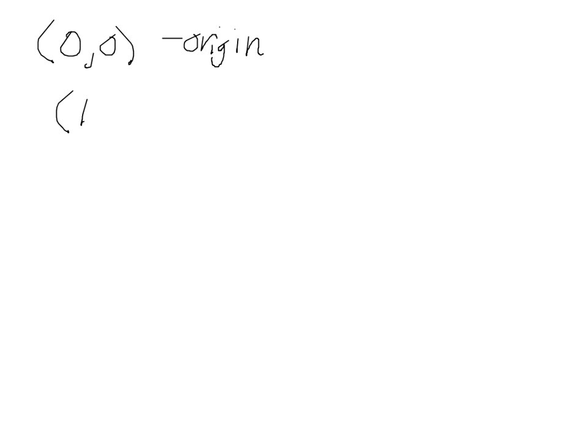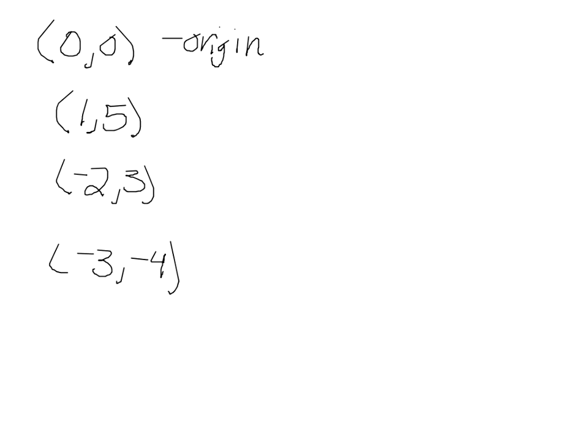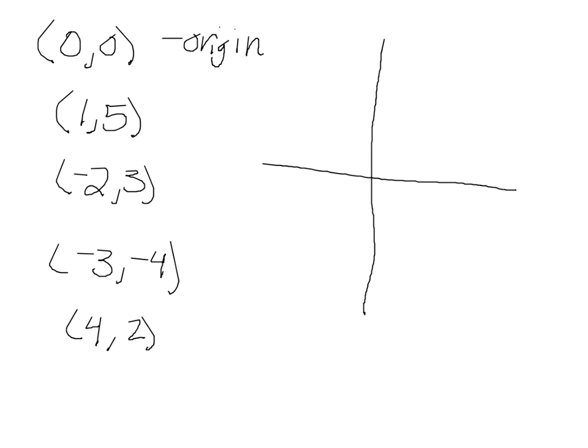So let's graph some different pairs. So here's some different ordered pairs. So the origin is there at 0, 0. This is the x-axis. This is the y-axis.